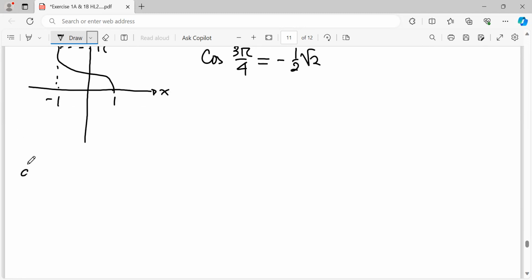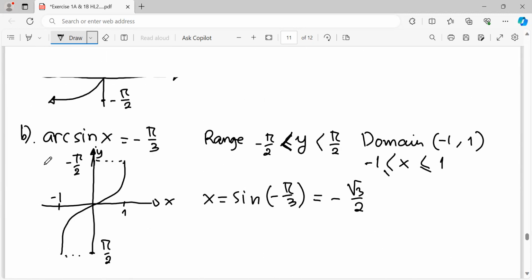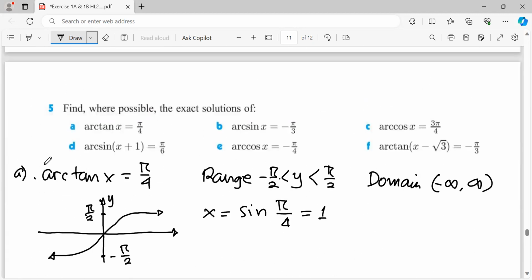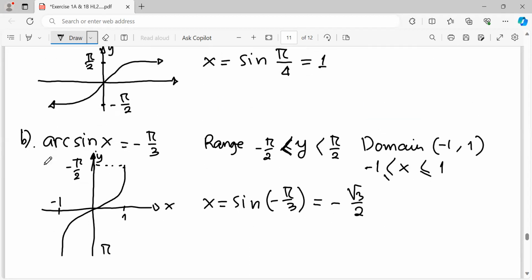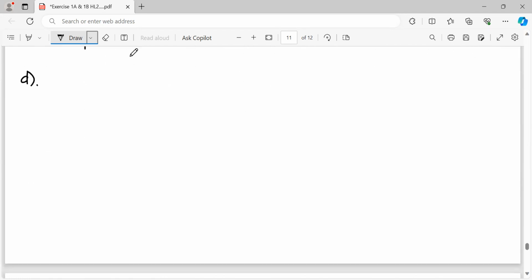Now d. Arcsine of x plus 1 equals pi over 6. Right. I will sketch arcsine x plus 1.